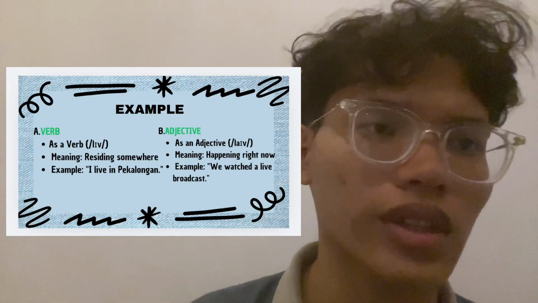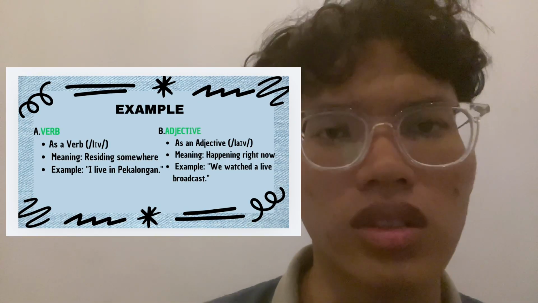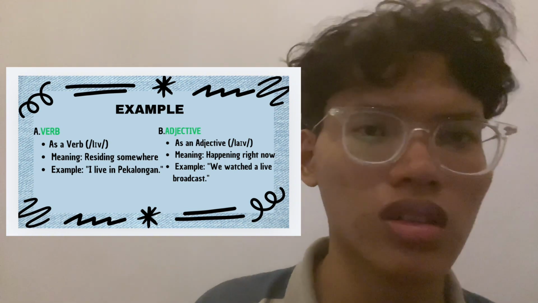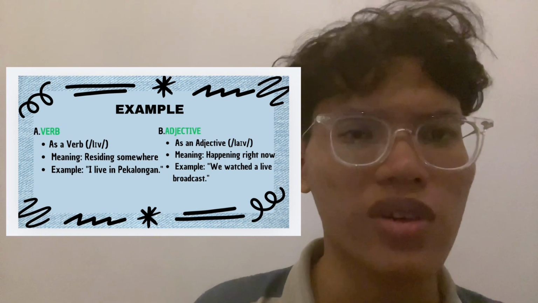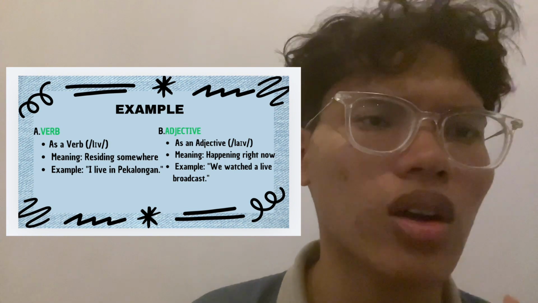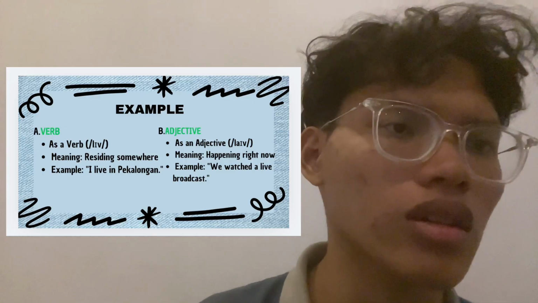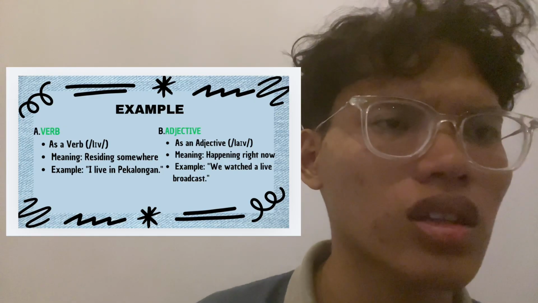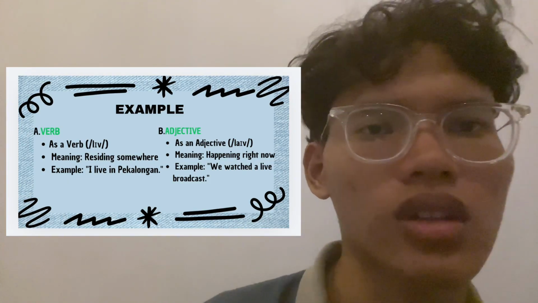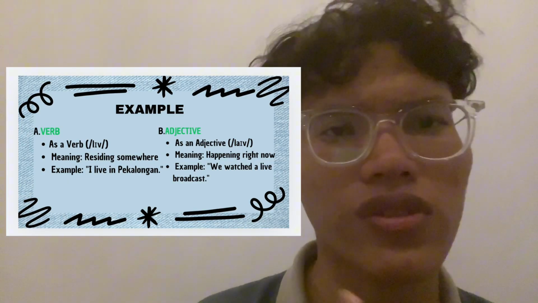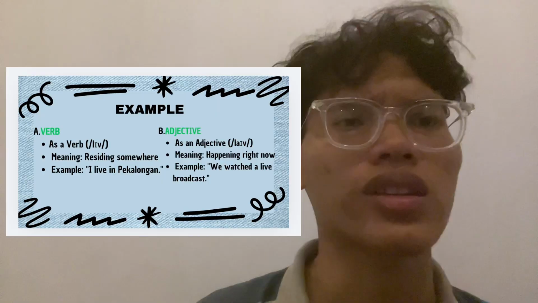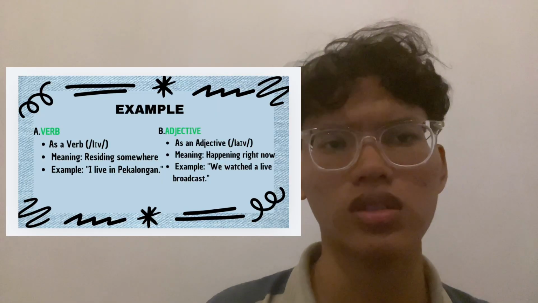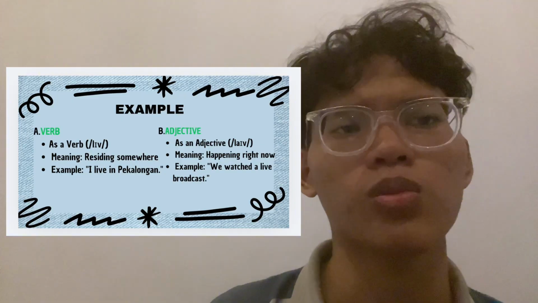The host kept saying this is a live show. My brain at the time was stuck on the word live as in I am living in a house. I was so confused why they called it a living house music.